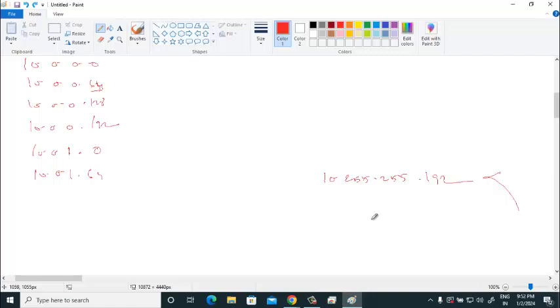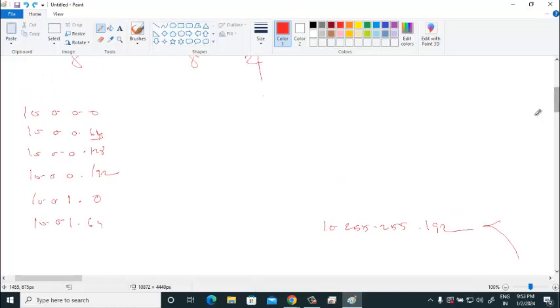Then what will be the last network? From here, what are you adding? Why are you adding 64? Because from that bit only you gave for network, yes or no? 64 we are adding.